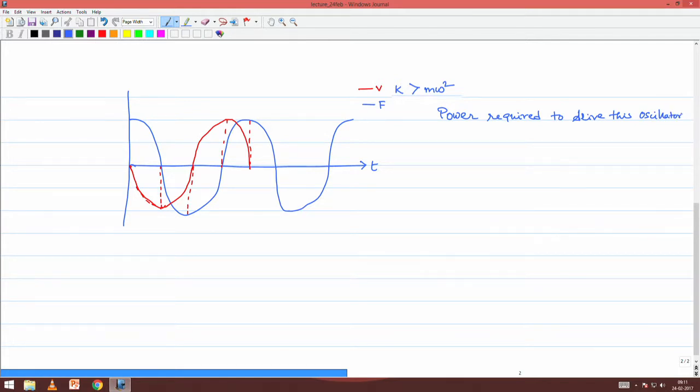Okay. If you think back, the formula for power at any specific time is nice and simple, f of t into v of t, that is it, right. So, that is the instantaneous power.